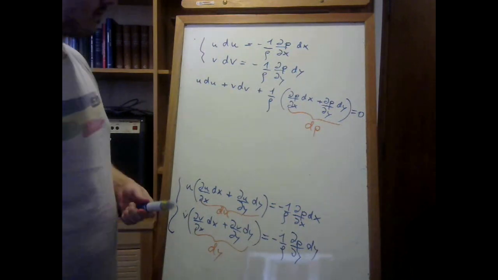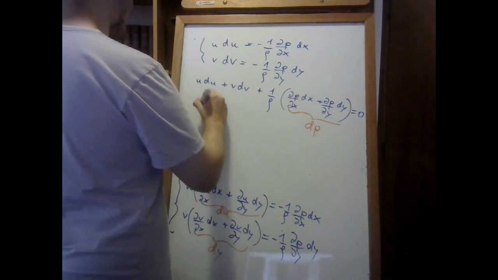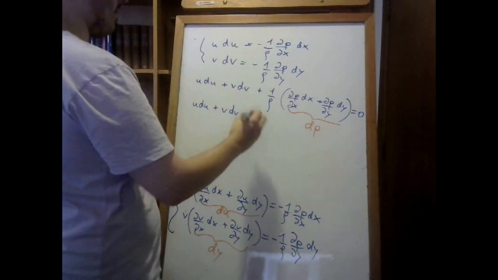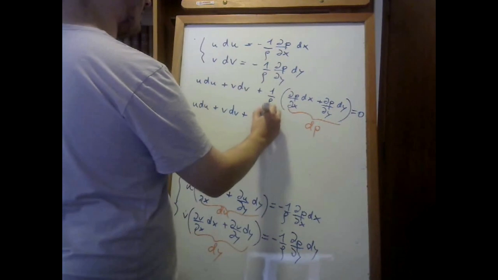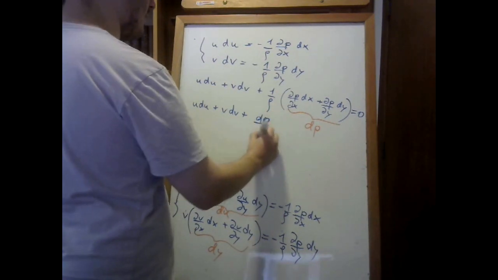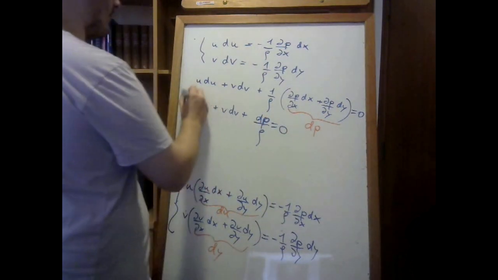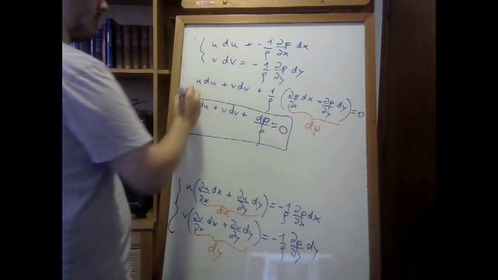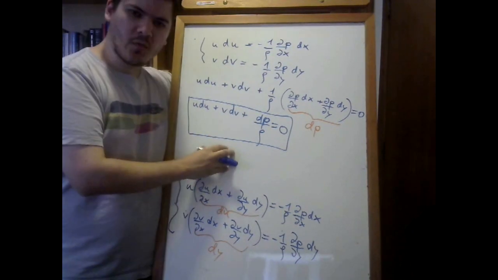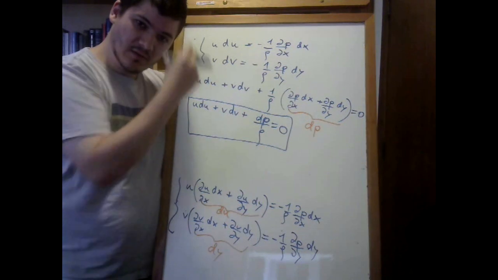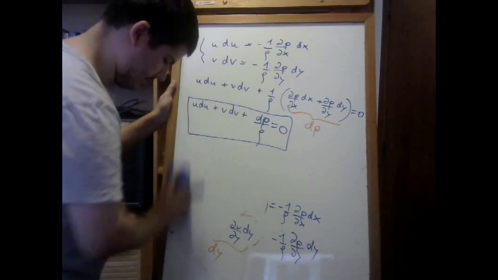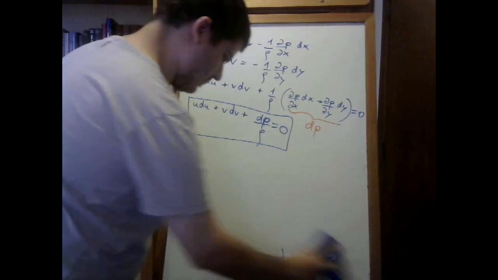Okay, so rewriting this again, u du plus v dv plus dp divided by density equals 0. So we need to integrate this equation along two points of a streamline. Okay, so let me erase over here.